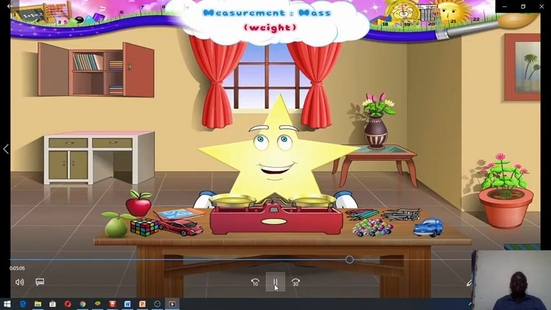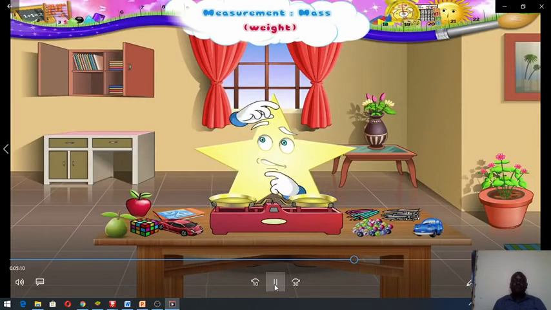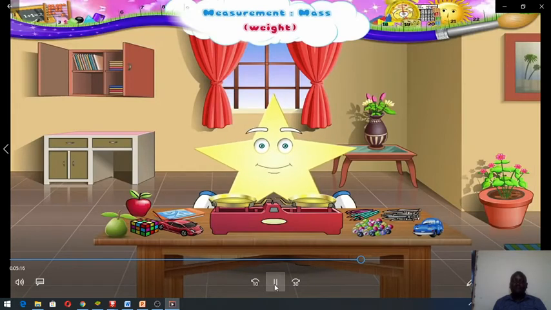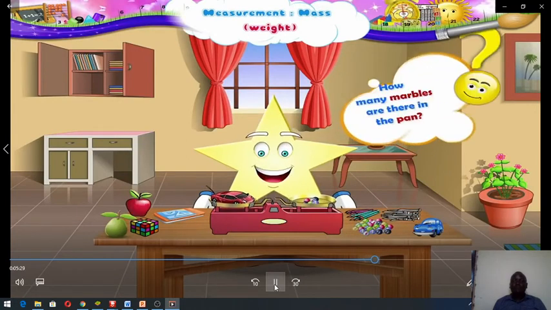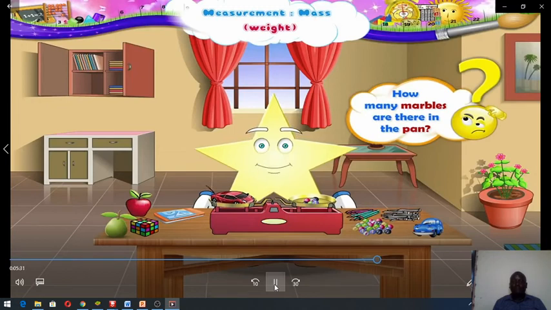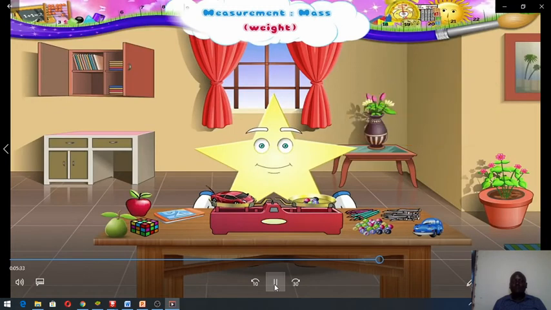Starry, let us now weigh the remaining articles. What article do you want to use to weigh? Okay, let's use marbles. We shall first weigh the red car. Put the marbles one by one. How many marbles are there in the pan? Yes, 6 marbles.